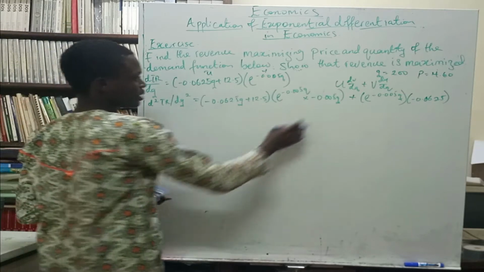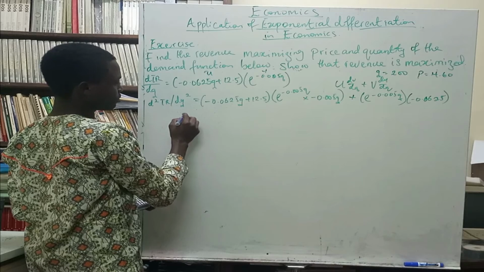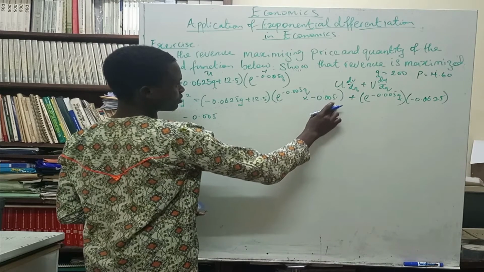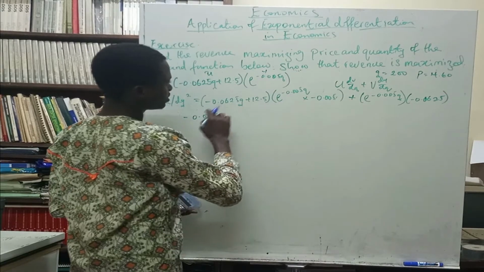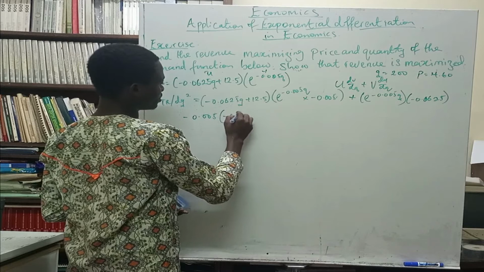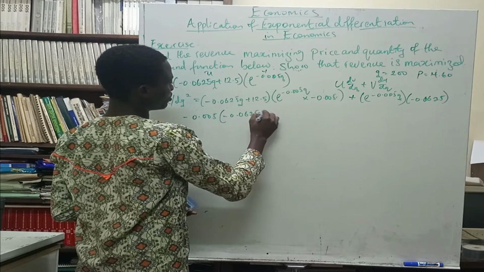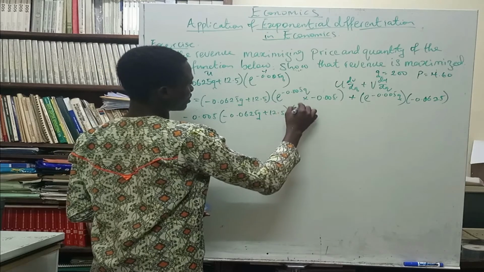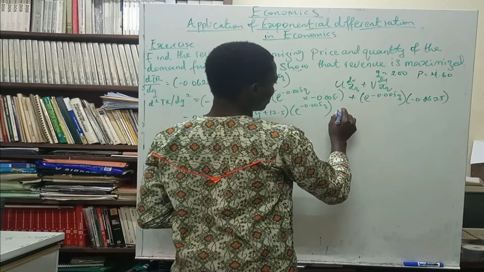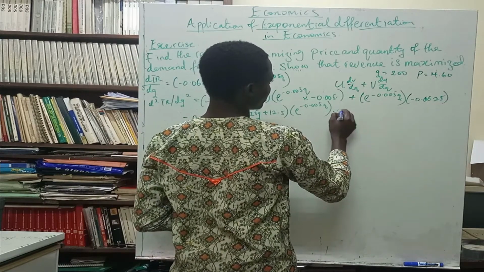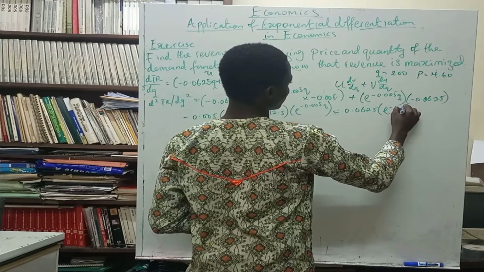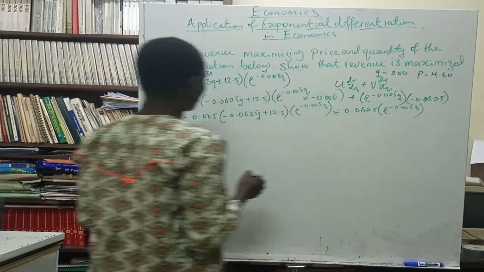So here we'll be having minus 0.005 into brackets minus 0.0625 Q plus 12.5, e raised to power minus 0.005 Q, then plus times minus is minus, so we have a minus 0.0625 into bracket e raised to power minus 0.005 Q.